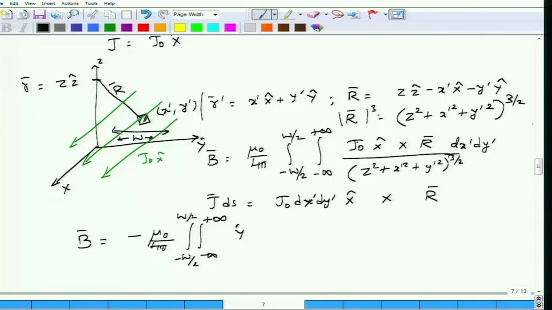So, I have two integrals, one pointing in the y direction, the other one pointing in the z direction. So, what are the integrands here? This is y hat J0, there is still dx prime dy prime up here.